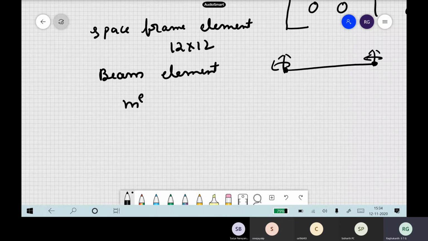For a beam element, I will write the mass matrix. Very simple to calculate: rho into N transpose into N into dV. Beam element, one should know, because we are all structural engineers.